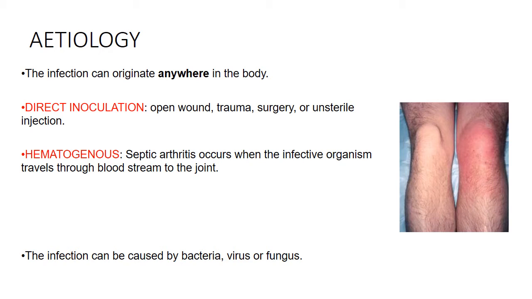In the same way, septic arthritis can be hematogenous, from a distant infection which travels through blood and somehow reaches the joint and starts to spread and cause infection in that particular joint. And the second mechanism can be through direct inoculation, like some open wound, any trauma, or even surgery.